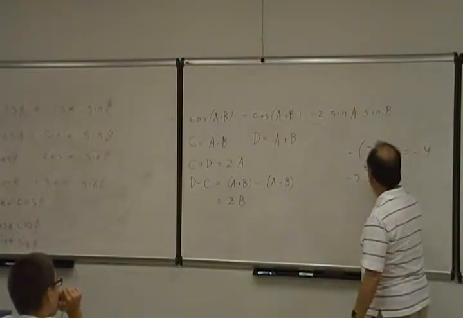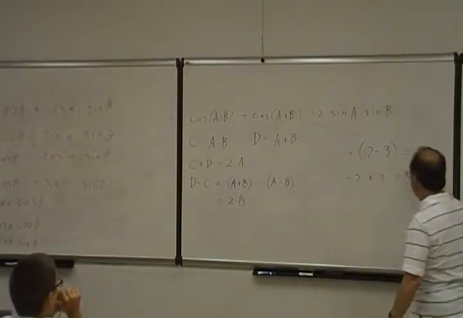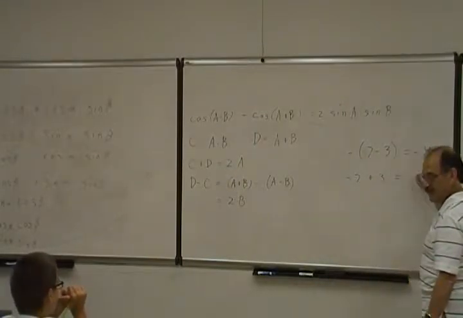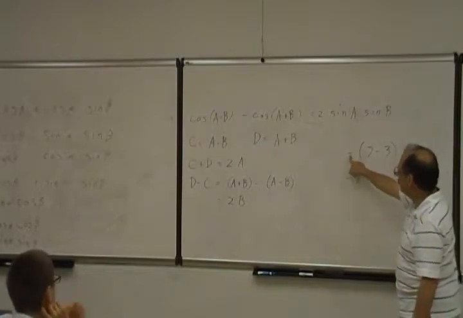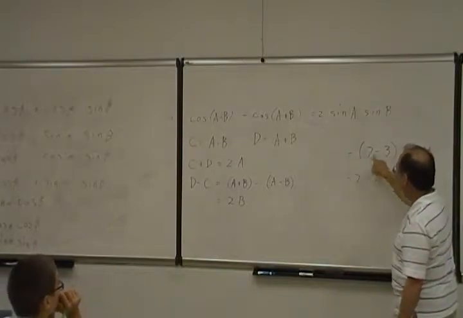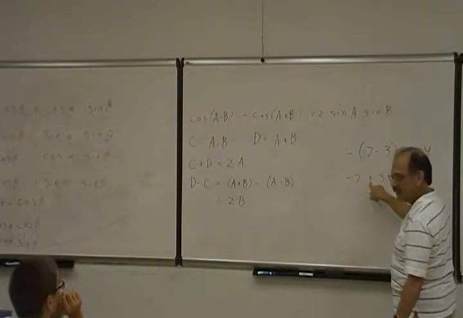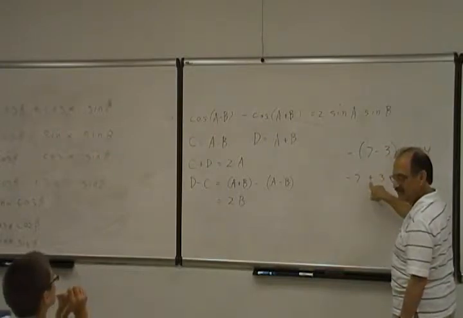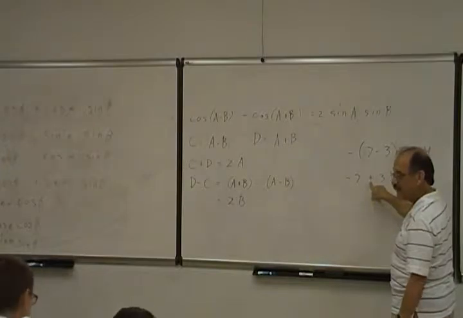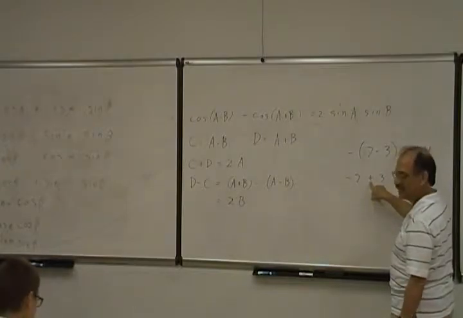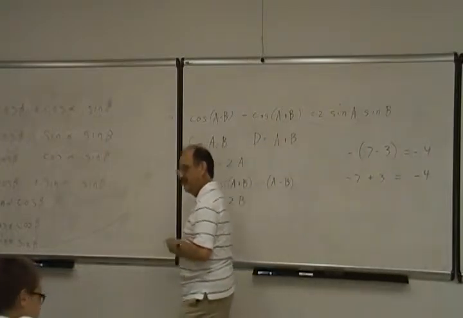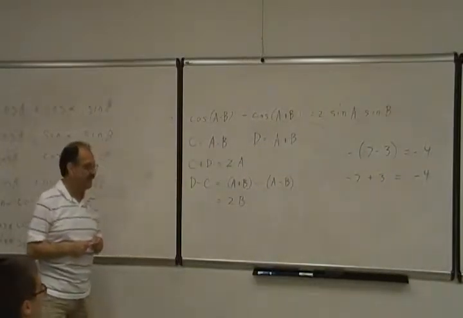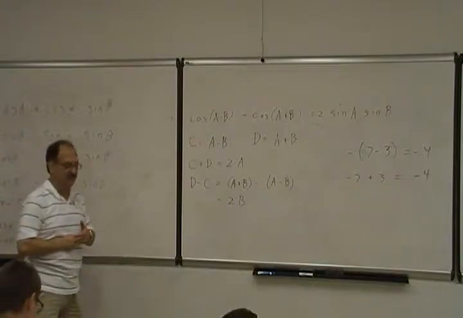On the other hand, minus 7 plus 3 is minus 4. So that minus sign hits here, and it hits here, and minus minus becomes a plus. The negative of the negative is the positive. It's the same as multiplying a minus 1 outside the parentheses. Because this is polynomial.